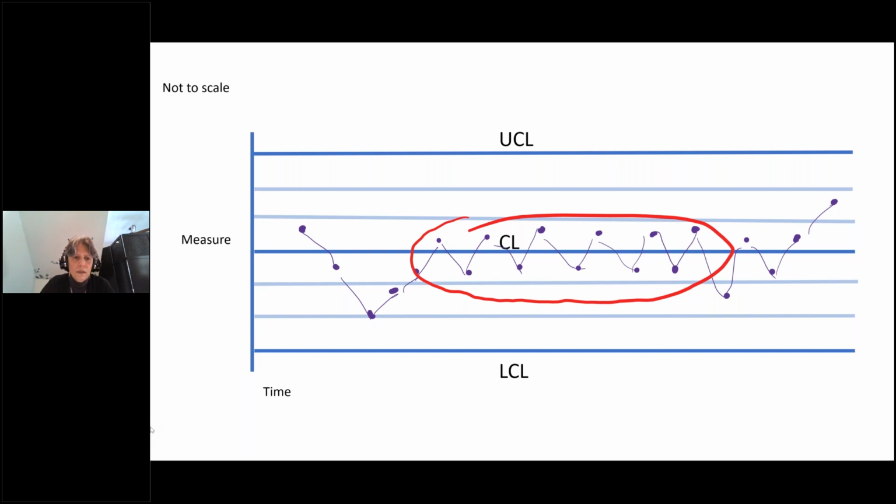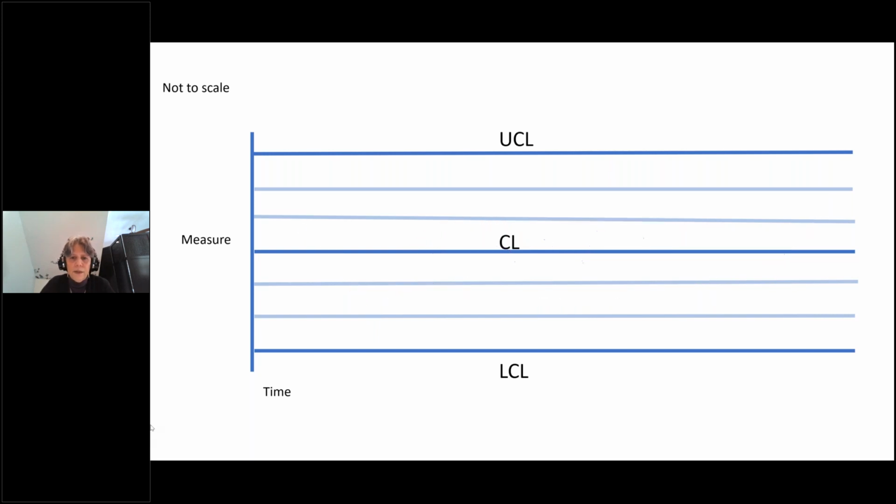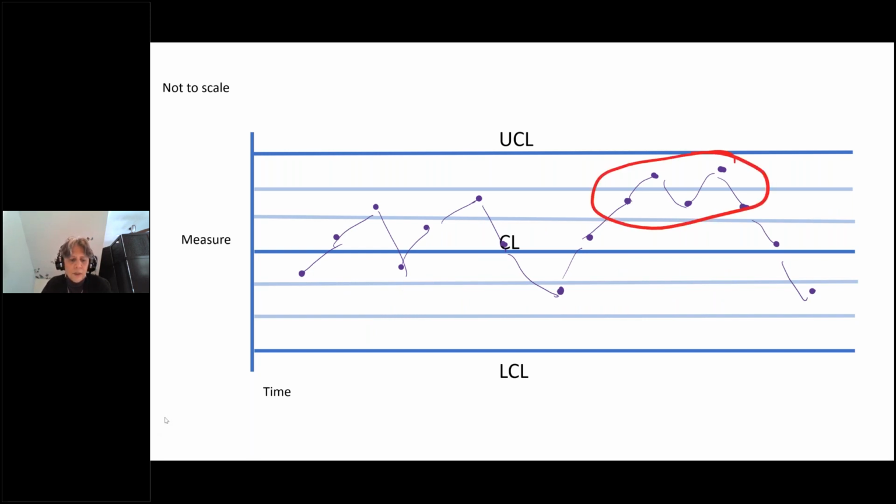And then there's one other pattern. Again, I wouldn't memorize the patterns, but just think about the concepts. This one suggests special cause variation because there are too many points in the extreme zones, in zone B or in zone C.